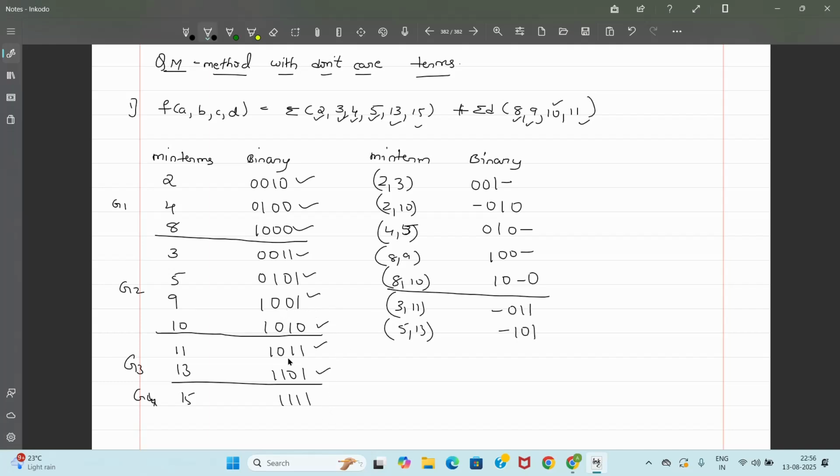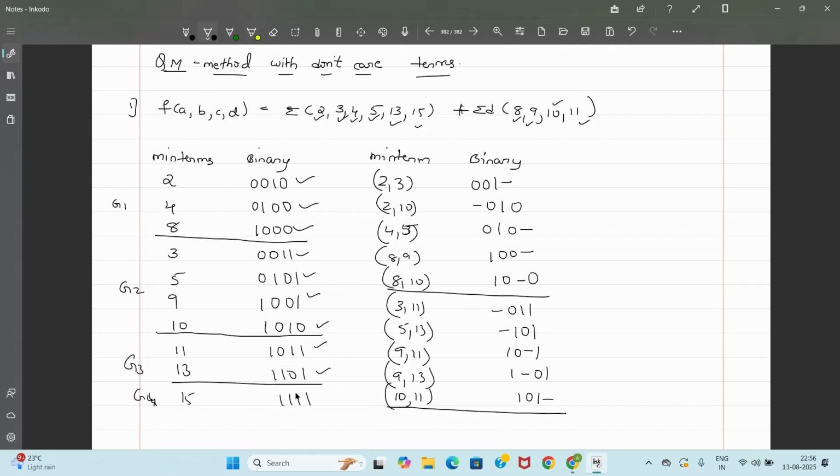Next, 9 and 11 is possible: 10-1. 9 and 13 is also possible: 1-01. Next, 10 and 11, which is 101-. 10 and 13 is not possible. So everything is done with these two groups.